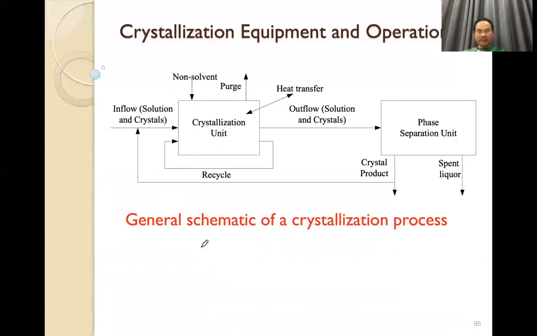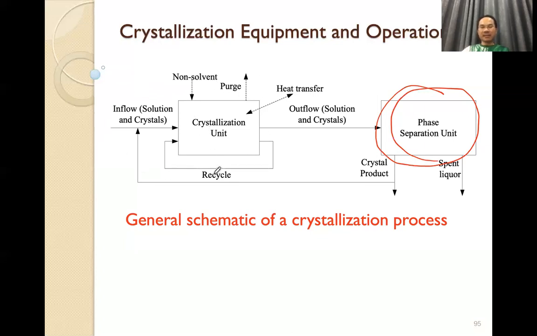Okay, for the next, we will talk about the equipment used in crystallization. Mostly, after you crystallize, you have more equipment to separate. We call it the separation unit, by centrifugation or filtration, to separate solid from the liquid. In the crystallization unit, we have the feed or inflow of solution and crystal. It may be only solution, or it may be crystals for growth, fed to the crystallization unit.